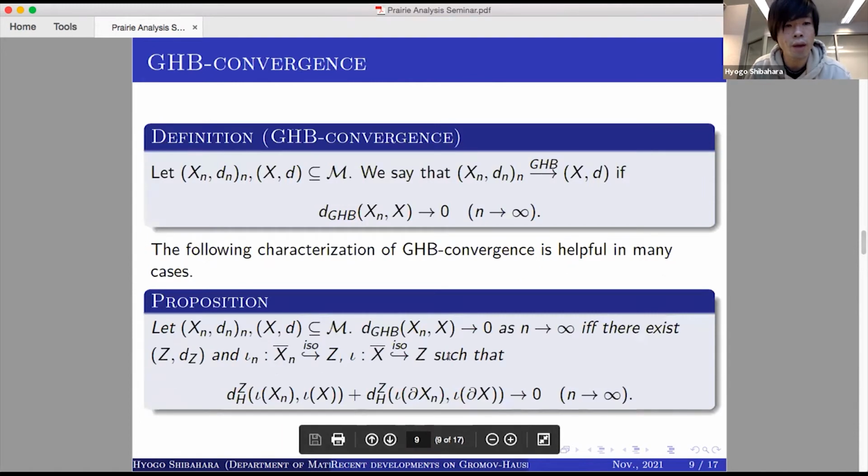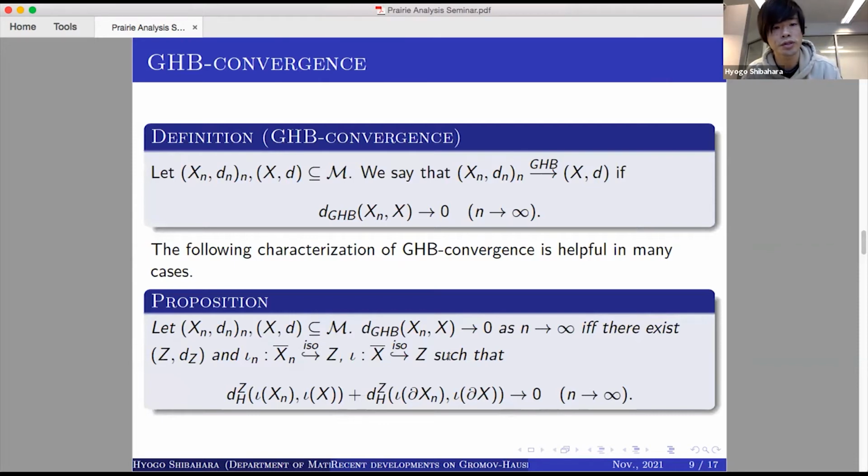I'm going to move on to GHB convergence, Gromov-Hausdorff convergence with boundary. Let's say we're given a sequence of metric spaces X_n and X. We say X_n converges to X with respect to the Gromov-Hausdorff distance with boundary if the Gromov-Hausdorff distance between X_n and X goes to 0 as n goes to infinity.